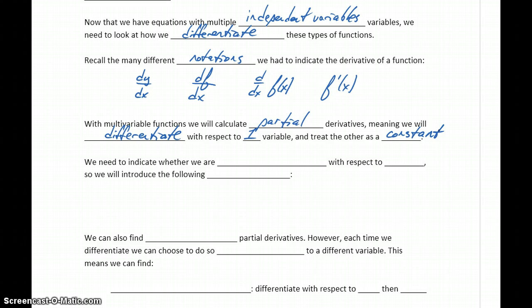So before we can take these partial derivatives, we'll have to indicate whether we're differentiating with respect to x, with respect to y, with respect to z, with respect to whatever variable it is we're going to differentiate with respect to. So we'll have some new notations that we need to introduce to make it clear to express what it is that we're after. So part of these new notations is going to be this symbol delta.